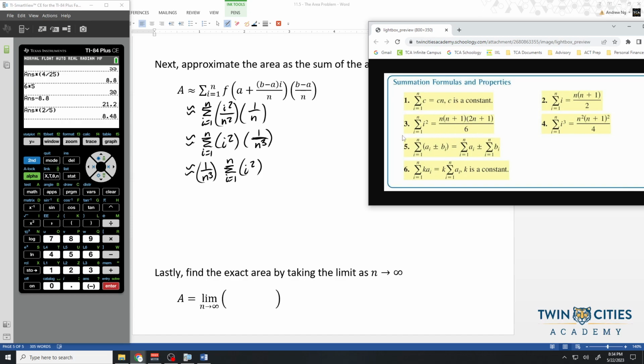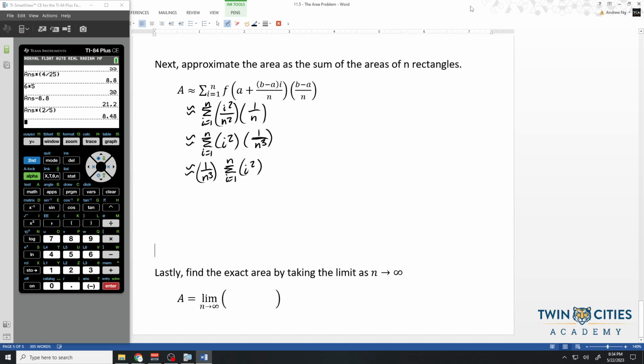So I'm going to replace the summation of i squared with this here. So this is 1 over n to the third, times n times n plus 1 times 2n plus 1 all over 6.